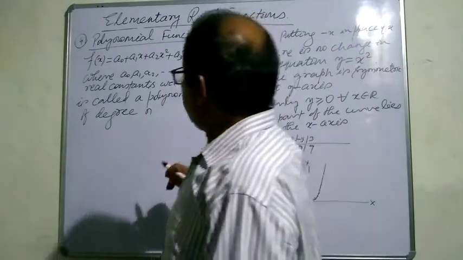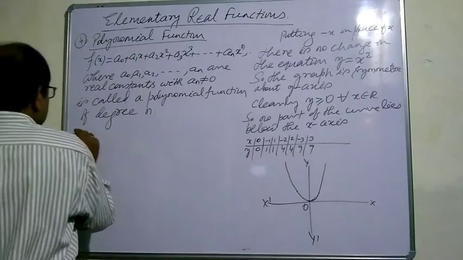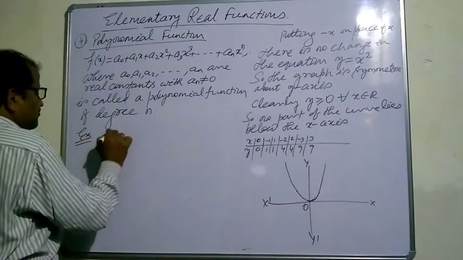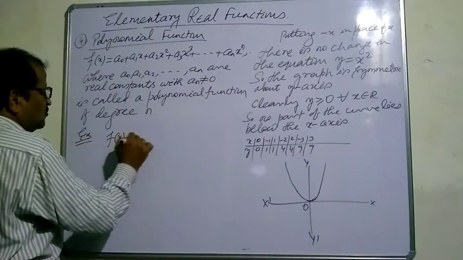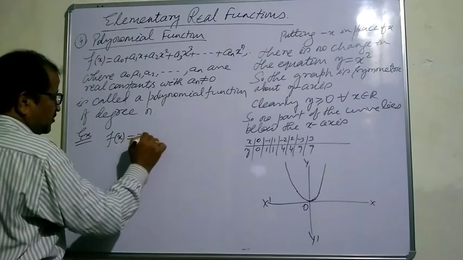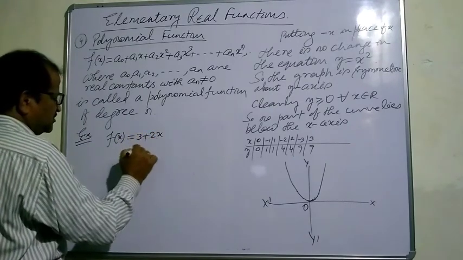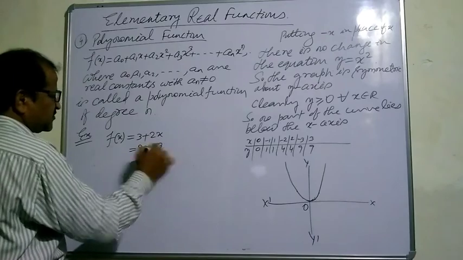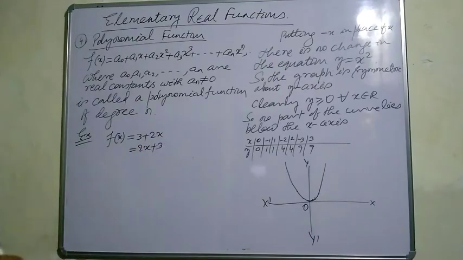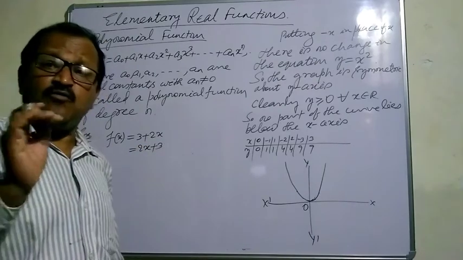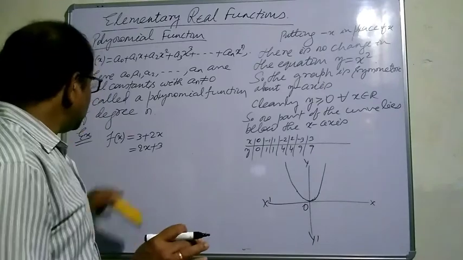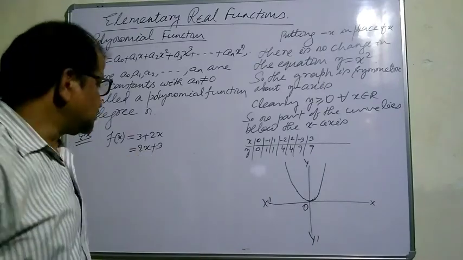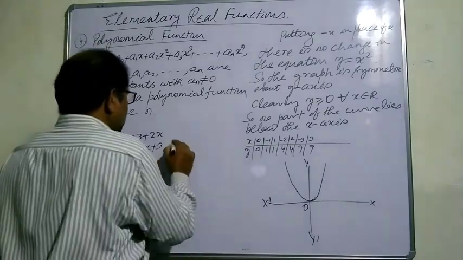Suppose we take examples. Suppose f(x) is equal to 3 plus 2x, or that is 2x plus 3. It is a polynomial function of degree 1, which is called a linear polynomial.